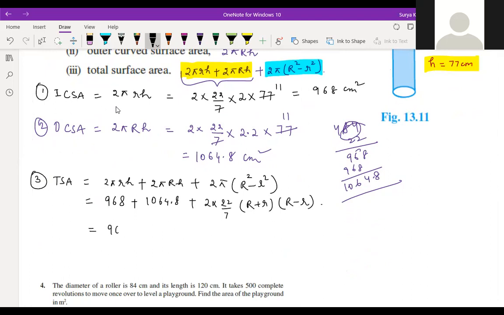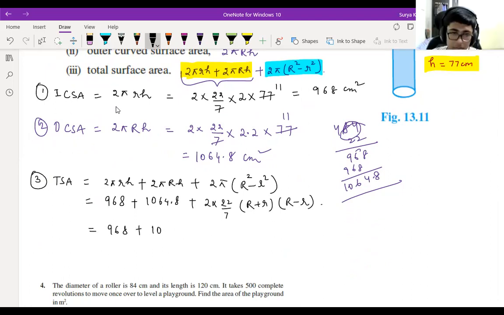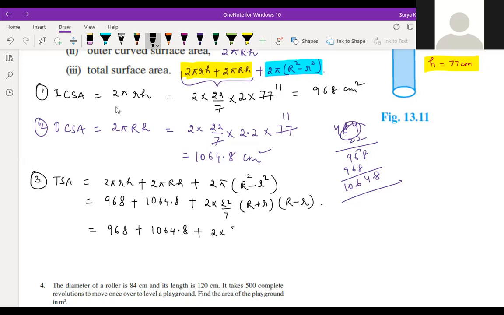So 968 plus 1064.8 plus 2 into 22 by 7. R plus r is nothing but 2.2 plus 2, and R minus r is 2.2 minus 2.